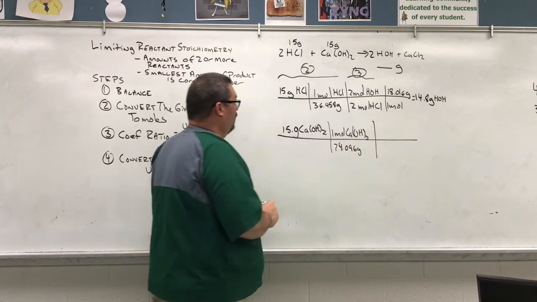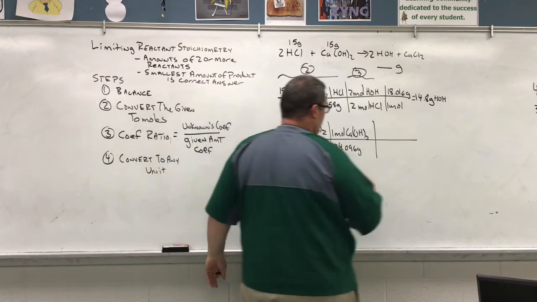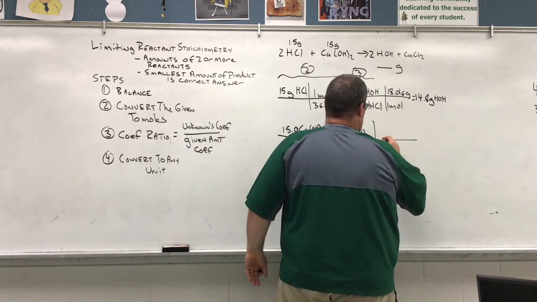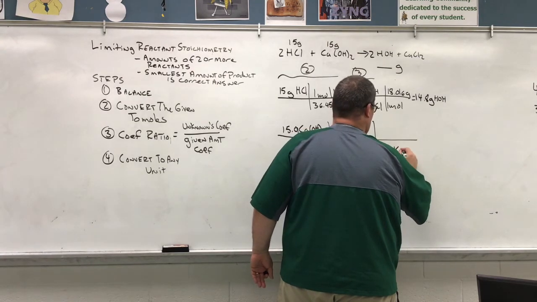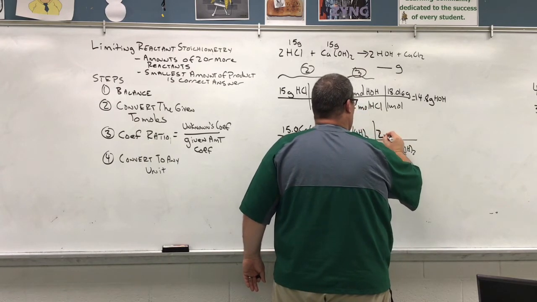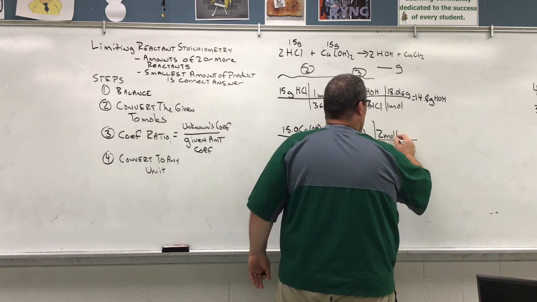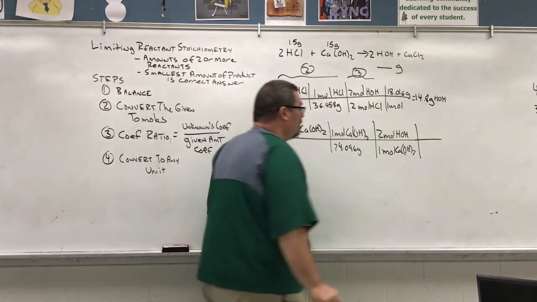So that's step 2 from up here, exactly the same thing as over on that side of the board. And then our coefficient ratio is 1 mole of calcium hydroxide to 2 moles of HOH.